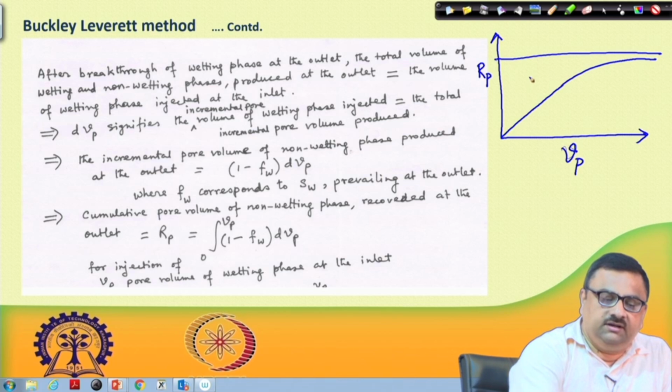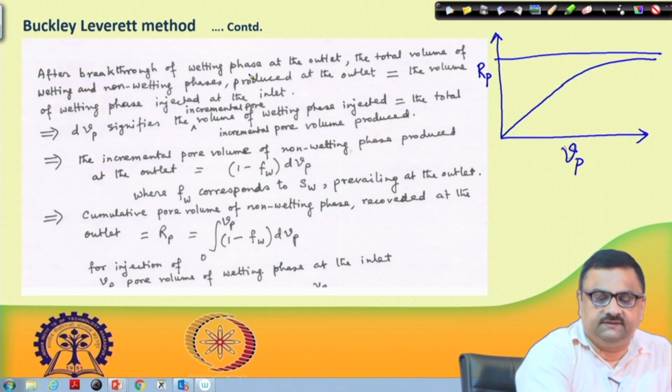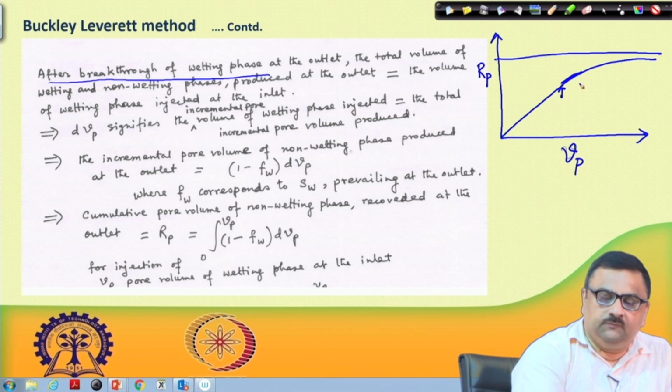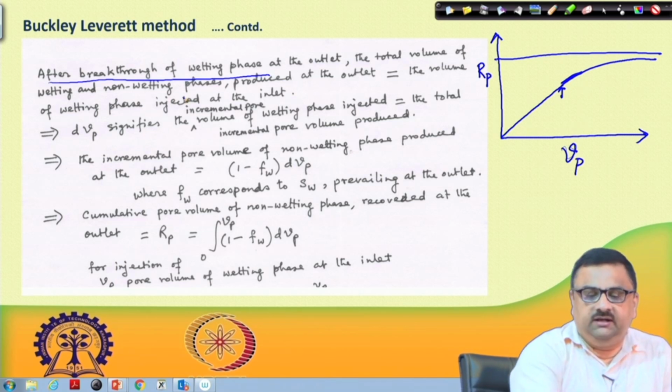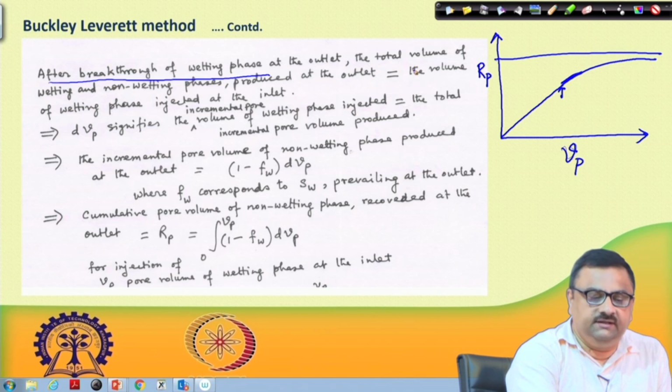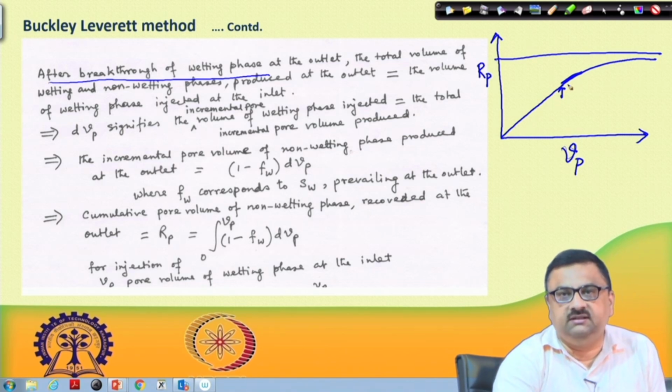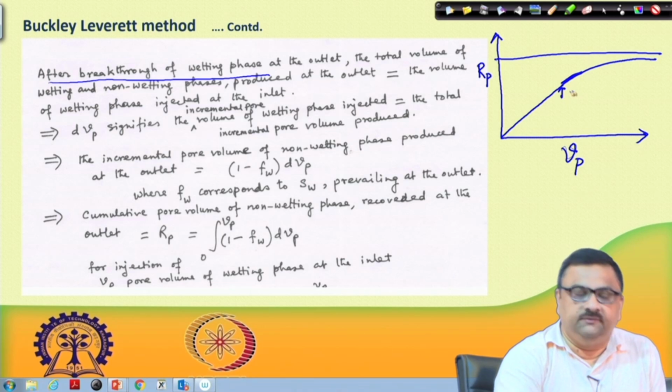So, what we note here is that after breakthrough of the wetting phase, beyond this part where it is no longer linear, the total volume of wetting and non-wetting phases produced at the outlet is equal to the volume of wetting phase injected at the inlet. Beyond this point whatever volume is produced comprises both oil and water, but till this point only oil was produced, no water, because the Buckley-Leverett front had not reached the outlet end.